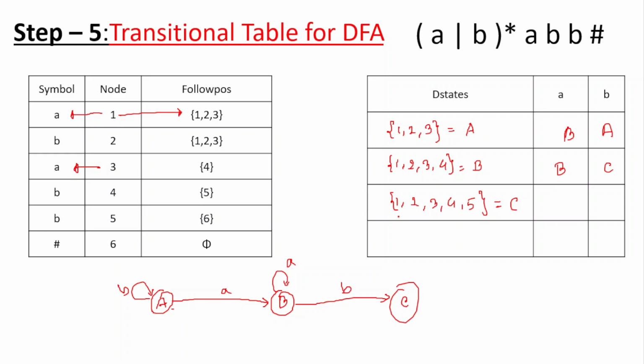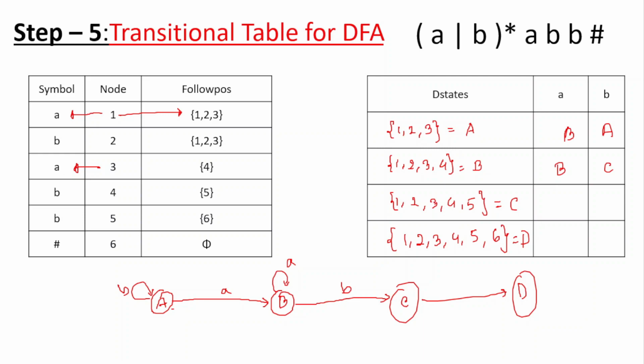Now from C, 1 represents 1 to 3, 2 represents 1 to 3, 3 represents 4, 4 represents 5. Now 5 represents 6. So a new state has come. That is 1, 2, 3, 4, 5, 6. And let me write here a new state, that is D. Okay. So when can I go to D?